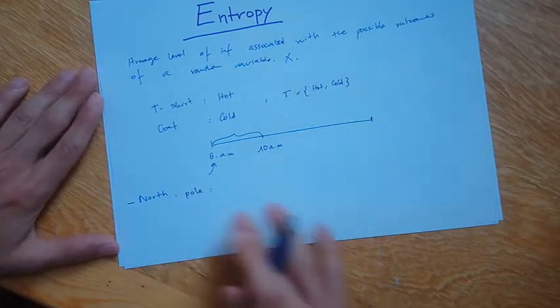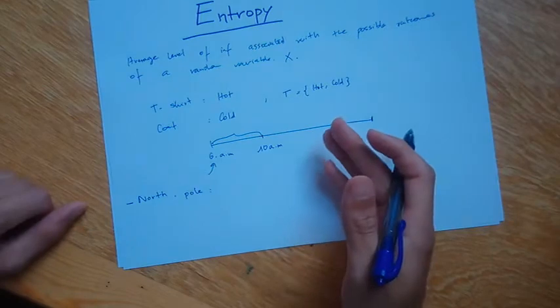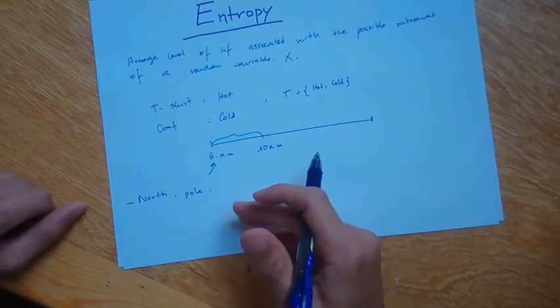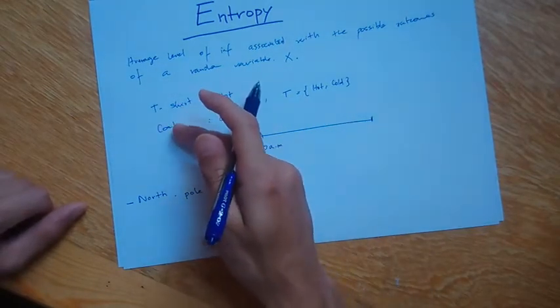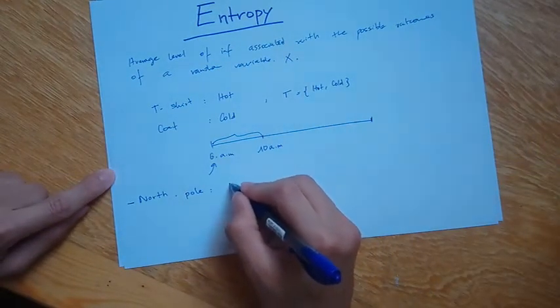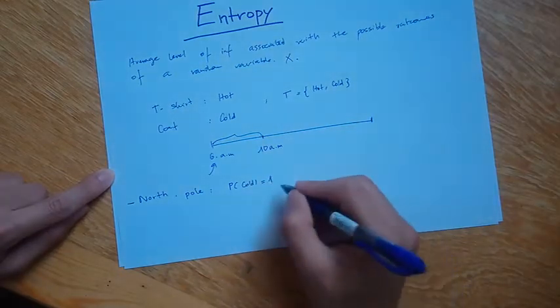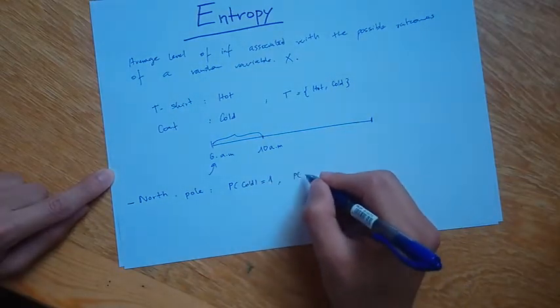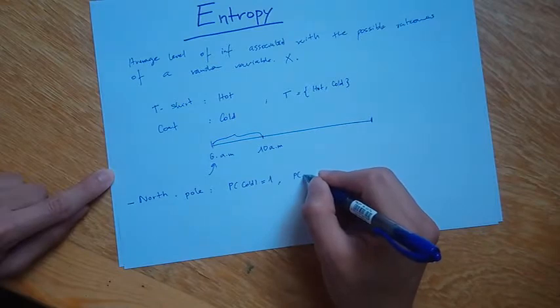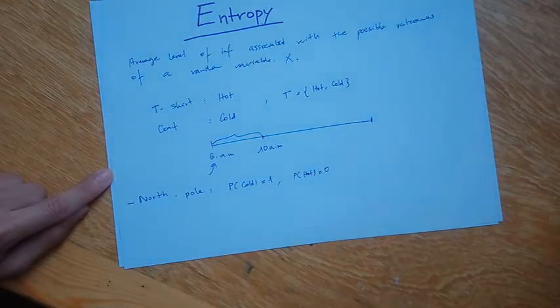Now, if I'm in the North Pole, in your opinion, would I need this application to decide whether I should wear a t-shirt or a coat? Well, the answer is obviously no, because the probability for the temperature to be cold is equal to 1, so I already know that. And the probability for the temperature to be hot is equal to 0, right?